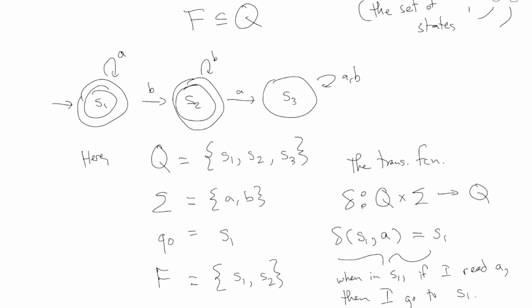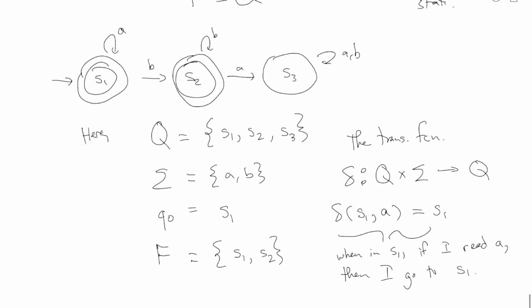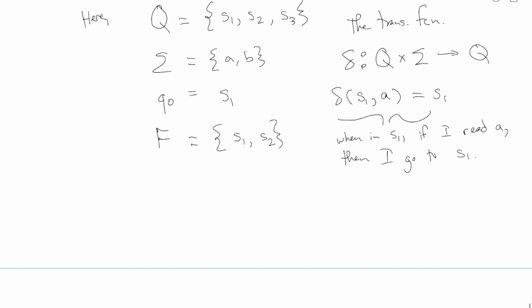All right. Now that's not the entire function. Sorry, I'm off the bottom. That's not the whole function. That's just one of the values. But that is the first value. How do I describe the whole function? You just write down all the values. So a full description of the function in this example.